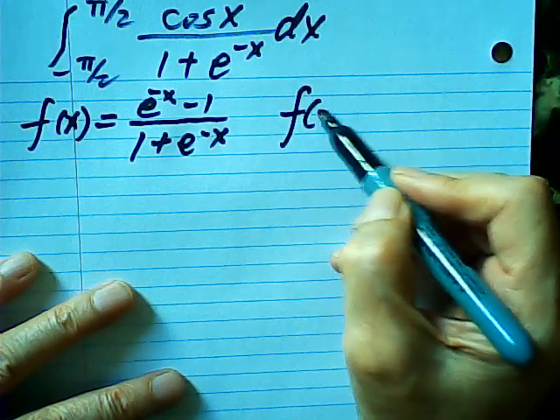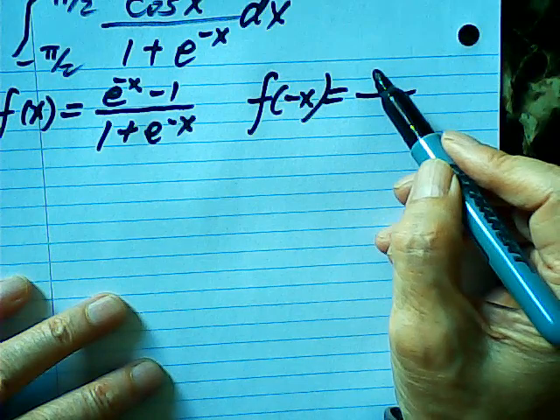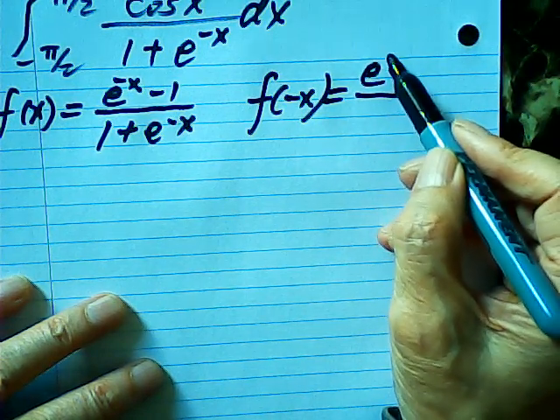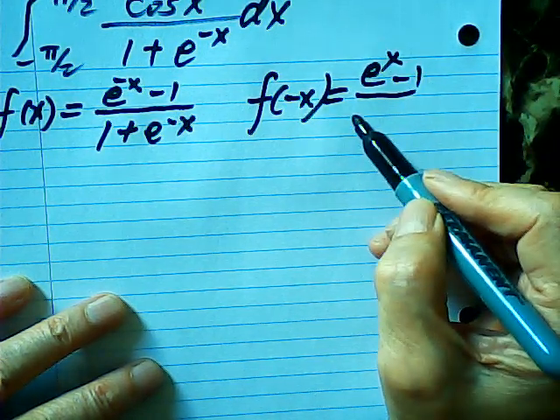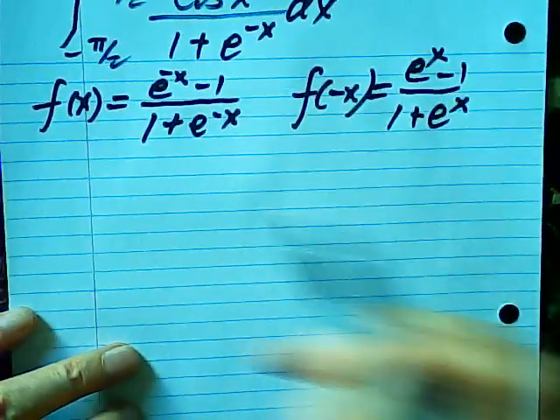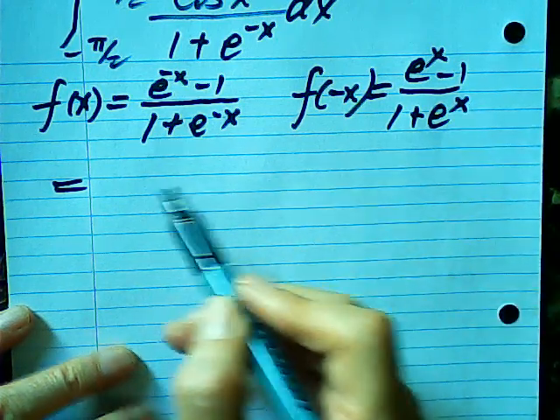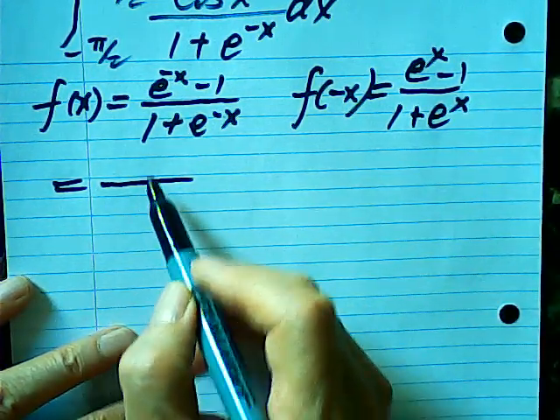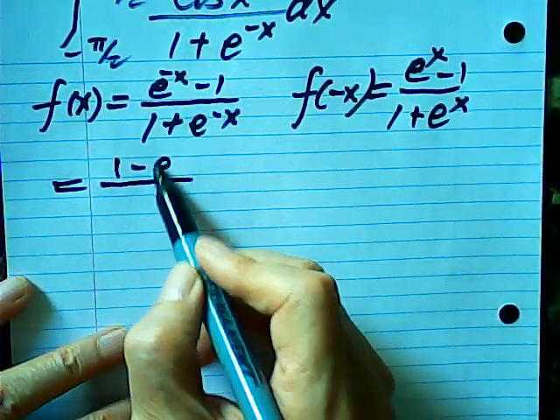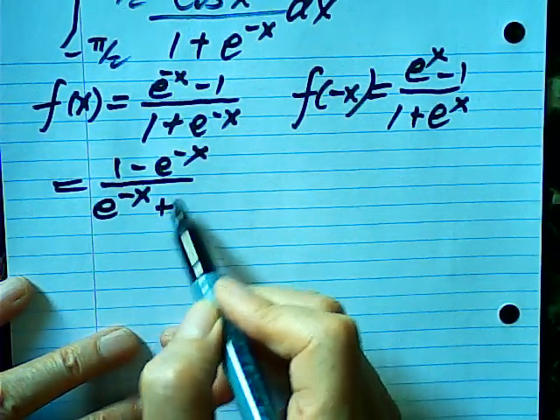And my f of negative x will be equal to e to the negative x minus 1 over 1 plus e to the negative x, isn't it? So if you multiply by e to the x again, top and bottom, it becomes 1 minus e to the x over e to the x plus 1.